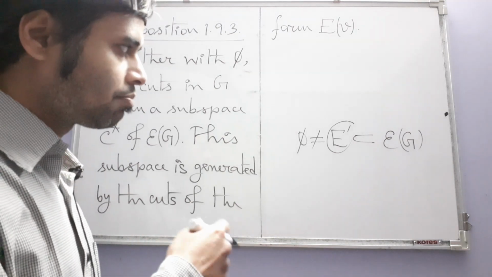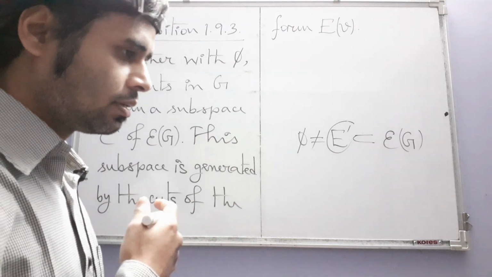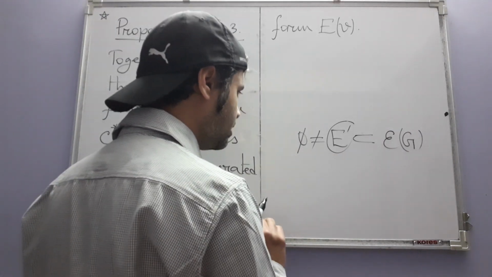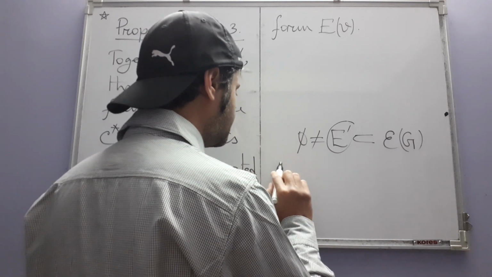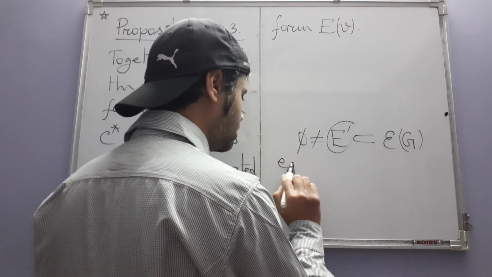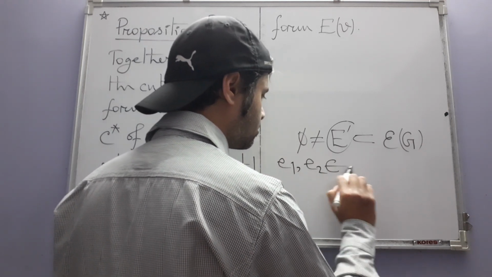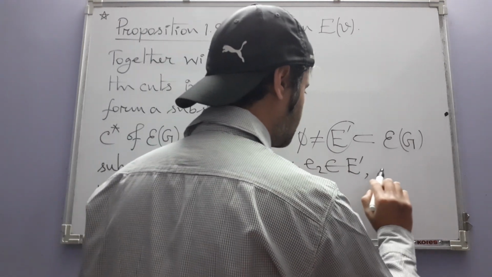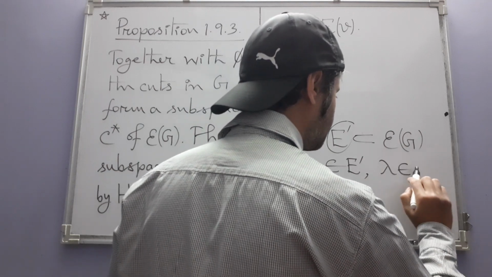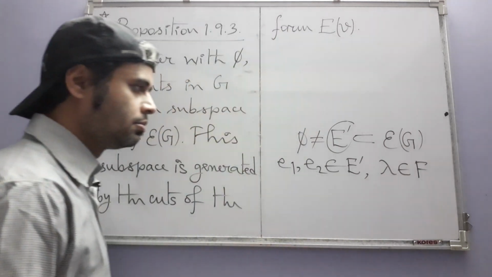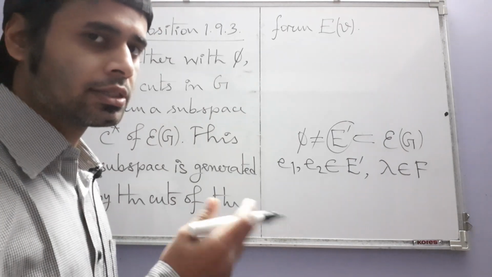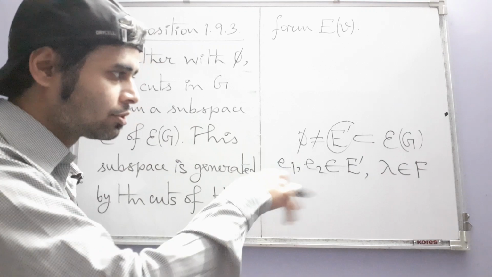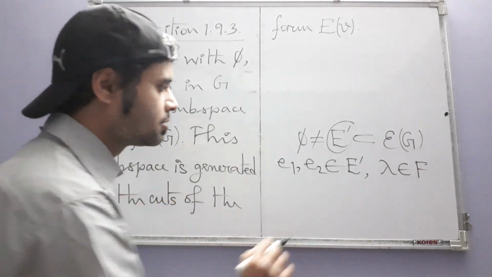Simply, if you just apply the subspace test on this subset, what do you know from linear algebra? It is just this, that if you take two elements, that is two vectors E1 and E2 in E prime, and also one scalar lambda from the underlying field, we know what the field is, the two element field, but just simply saying how one should proceed for showing this.